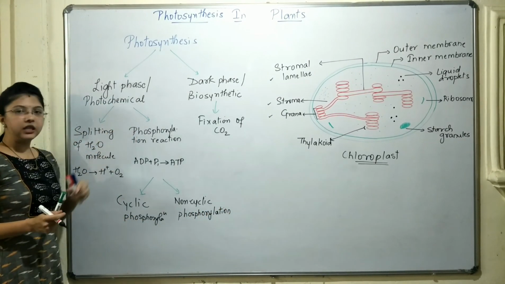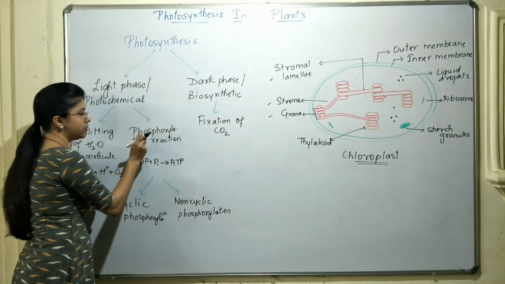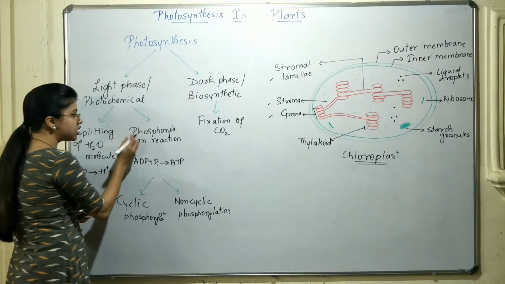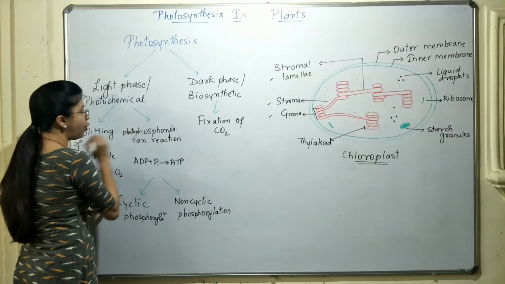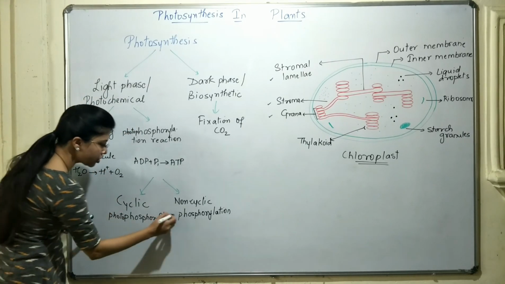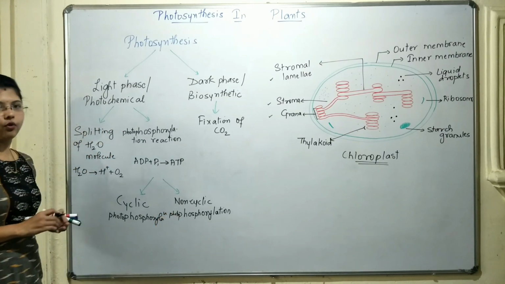When we study these in detail, we will actually call it photophosphorylation because it is taking place in the presence of light. So to be very specific, it can be mentioned here as photophosphorylation. The same goes here: cyclic photophosphorylation and non-cyclic photophosphorylation.